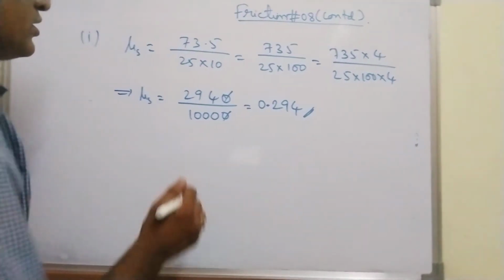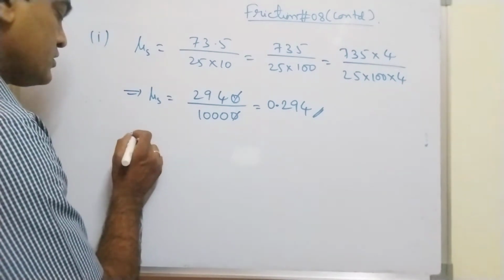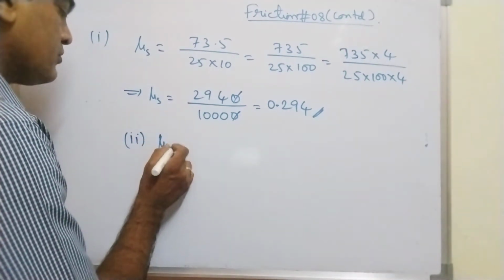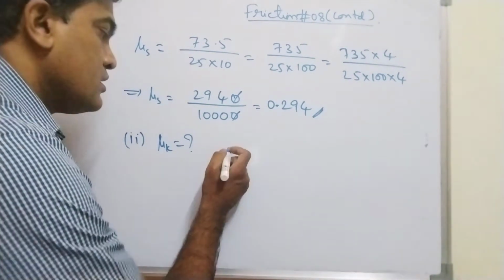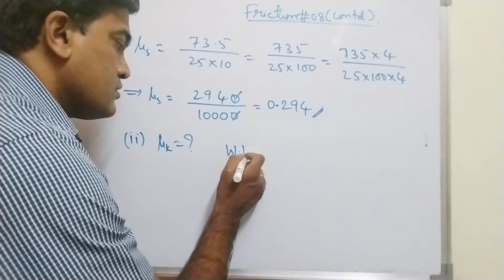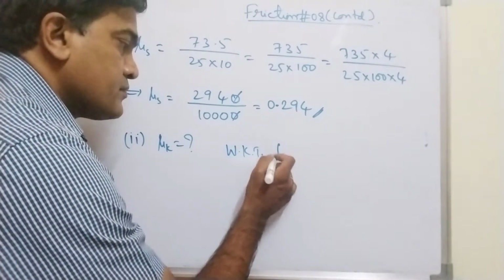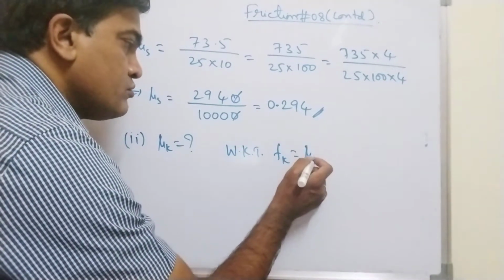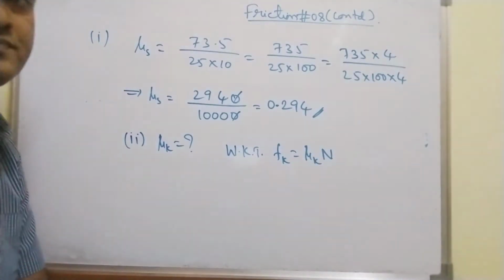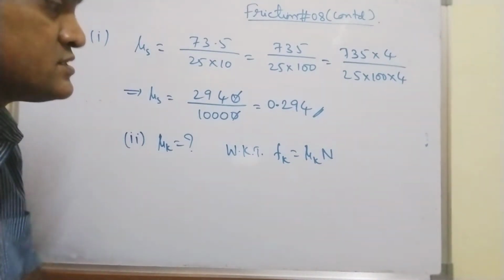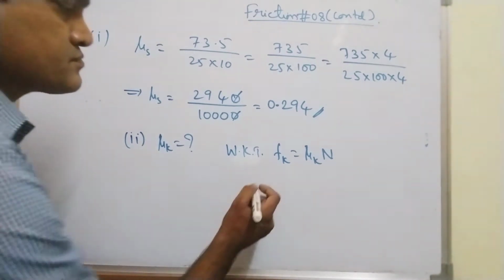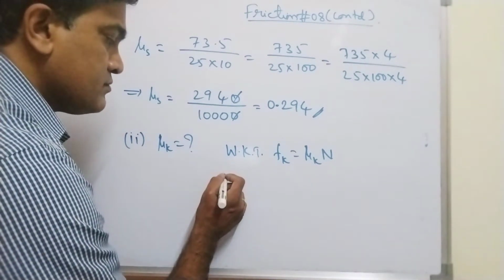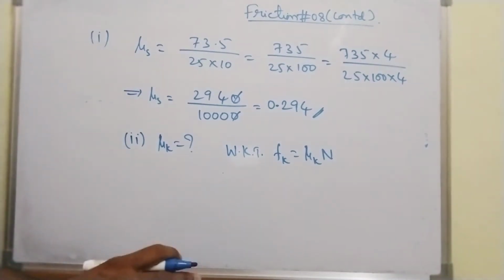So the second bit, you have to find out μk. μk is equal to how much? Now, we know that Fk is equal to μk into normal force. This Fk in the problem is given as 49 Newton, because it is moving with constant velocity now.